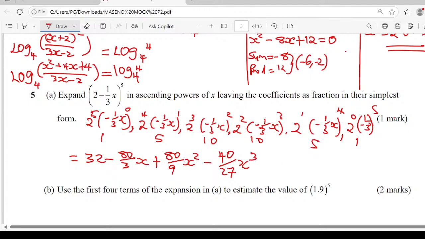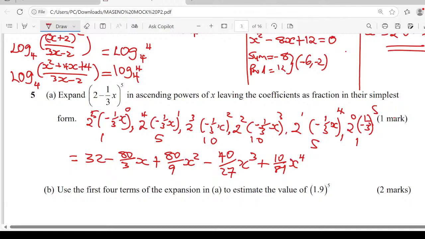Then the next one should be 2 raised to power 1 times 5 times negative a third raised to power 4. You're going to get 10 over 81 as a positive, so plus 10 over 81 x to the power 4. Then the next one is 1 times 2 raised to power 0 times negative a third raised to power 5.